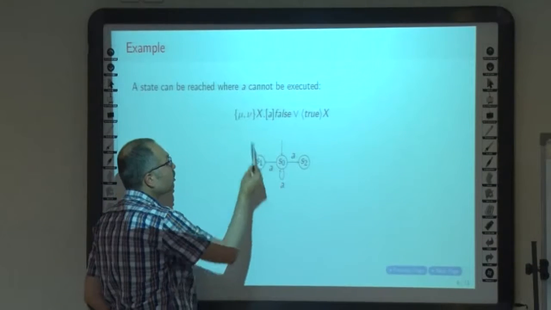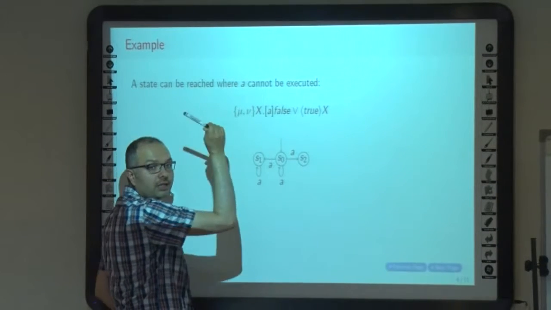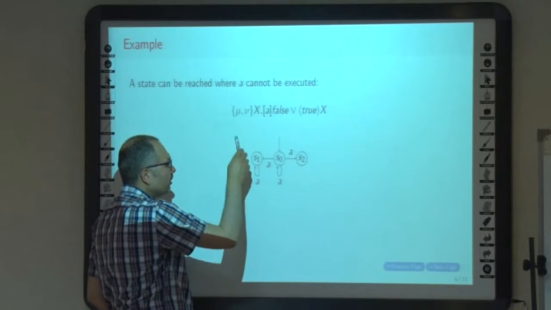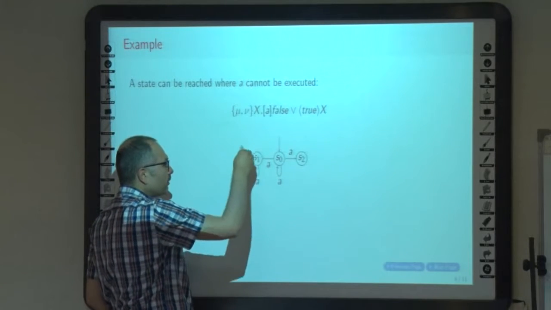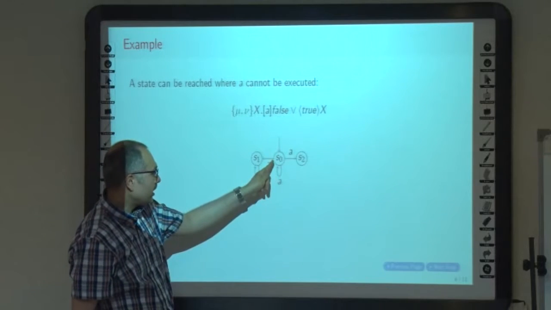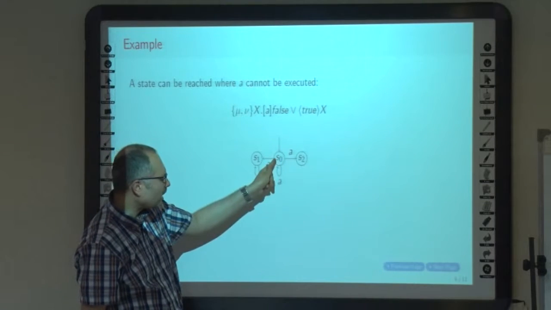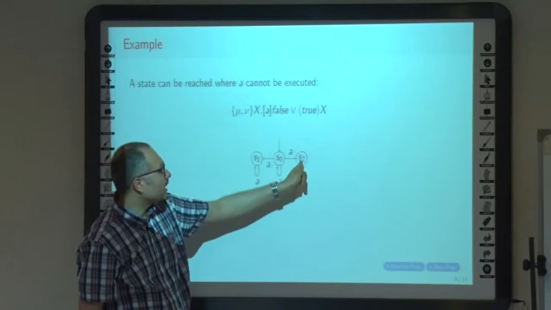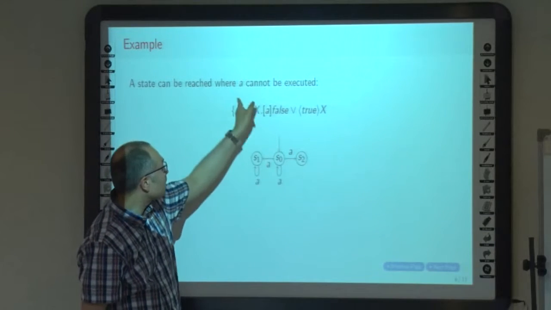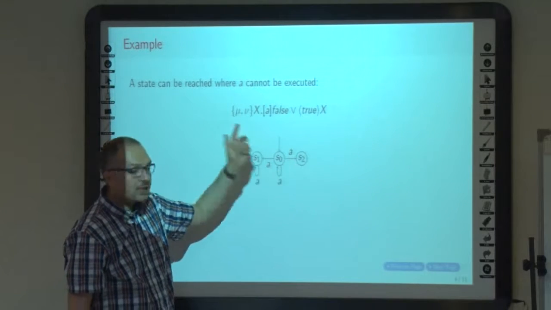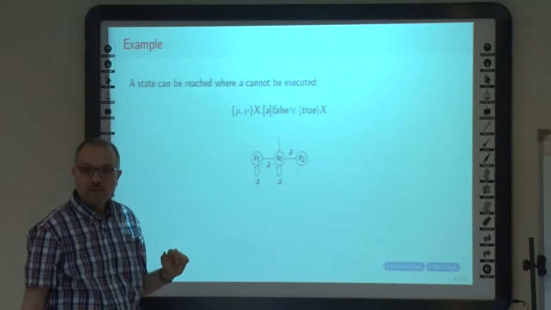So S1 should not satisfy this formula, whatever the formula is, mu or nu. S0 should satisfy it because it has an outgoing A transition going to S2, and thereby A cannot be executed afterwards. S2 satisfies it immediately because it cannot do an A anyway.